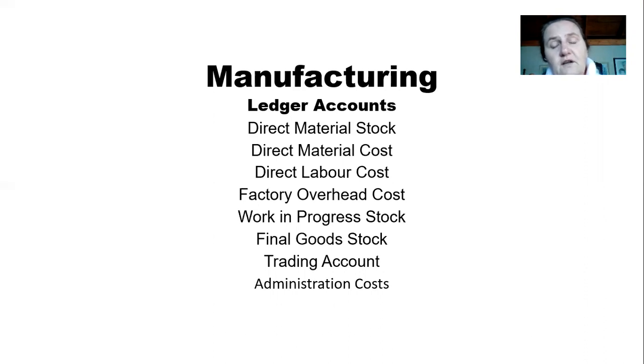Over there, on the debit side, we only normally have administration costs and selling and distribution. That we're going to then take to calculate my appropriation or capital, depending on what type of organization I have. Okay, let's go and look at the different ledger accounts.